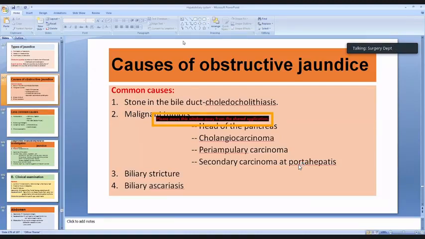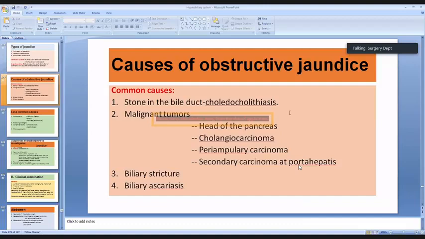We also said primary choledocholithiasis is 5%. 5% means it is produced de novo in the bile duct, but in 95% of cases it has migrated from the gallbladder to the bile duct. However, the stone, if it is present in the bile duct, can block the flow of the bile that leads to jaundice. So one of the very important causes of obstructive jaundice is choledocholithiasis.